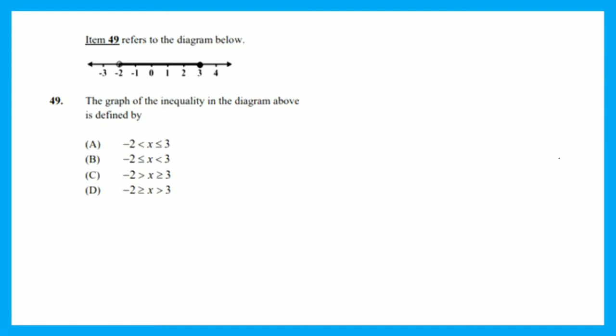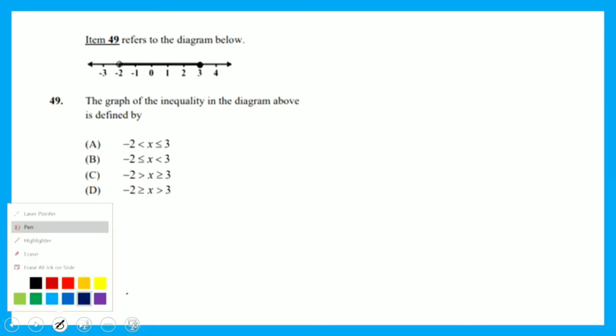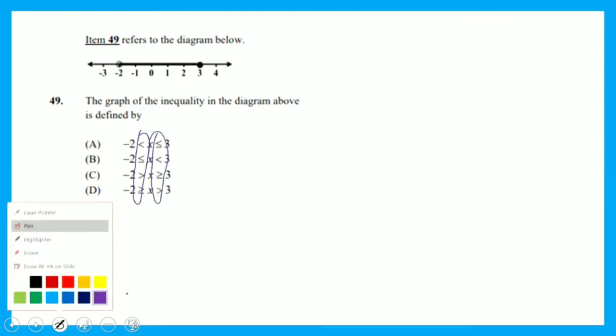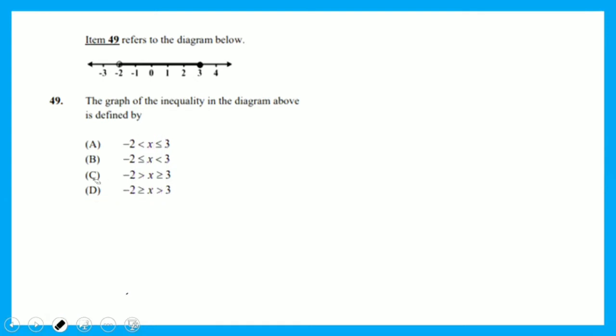All right, the first thing you notice is that all these options pretty much look alike with some very small differences, which means we need to know the difference between what these signs mean. Once we know that, then we are able to mark the correct answer.